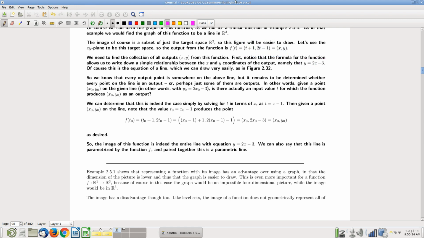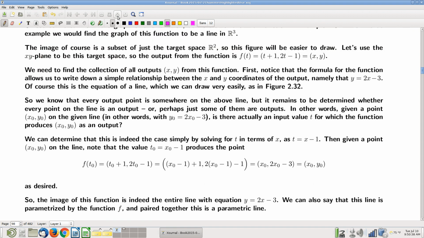here, let me zoom back in so I can see the algebra here. Look at this formula here. x is t plus 1. I would like to know that there is some value of t that will produce a given point, x naught, y naught. How am I going to find that value of t? Solve for t. This suggests t should be x naught minus 1.